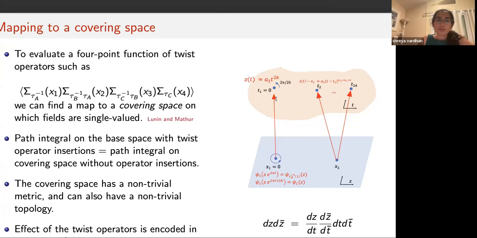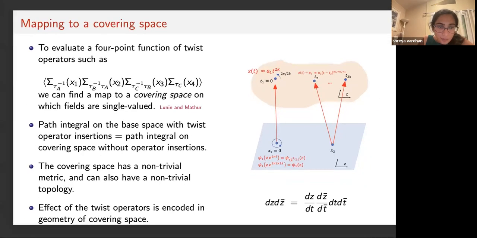Okay, so this is nice because the path integral on the base space with the twist operator insertions is equal to the path integral on the covering space, which now doesn't have any more twist operator insertions. But the way in which the covering space captures the presence of the twist operators is by the fact that it has a non-trivial metric, which is induced from the original space by the fact that this function z of t is some non-trivial function.